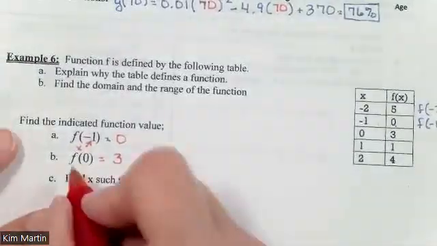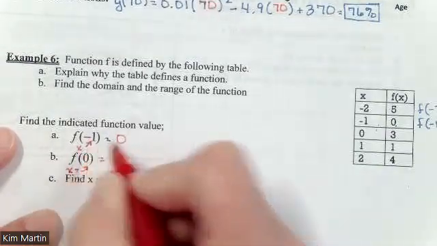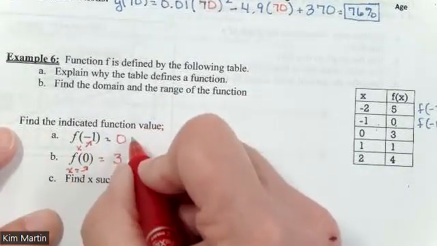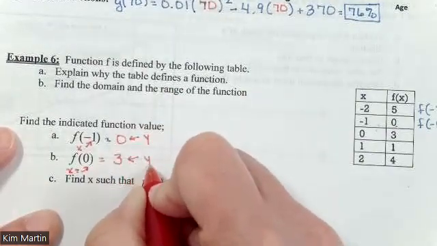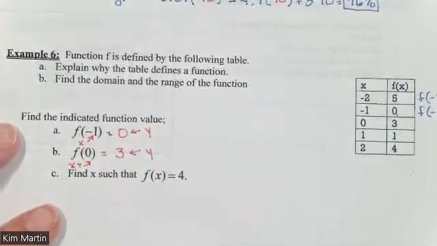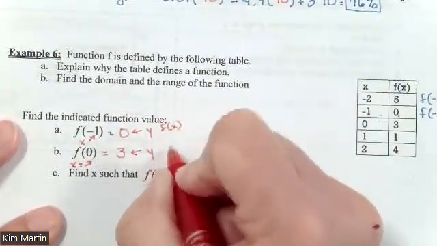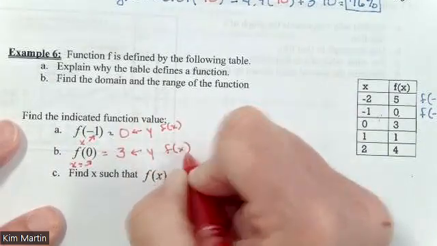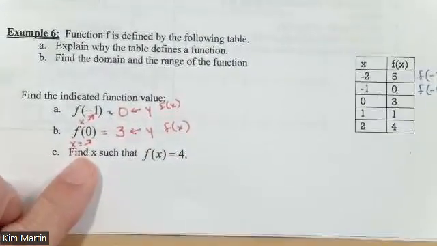Now, you're going to have one like this on your test, and you will see it. So this is your x, this is your y, or what they call f of x now. Well, now it says find x.